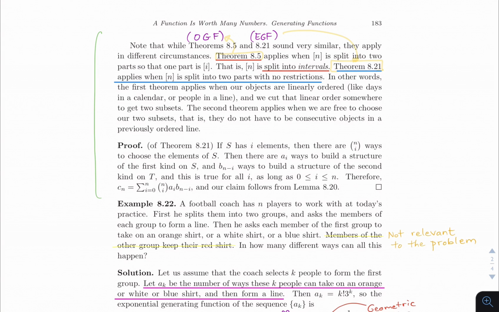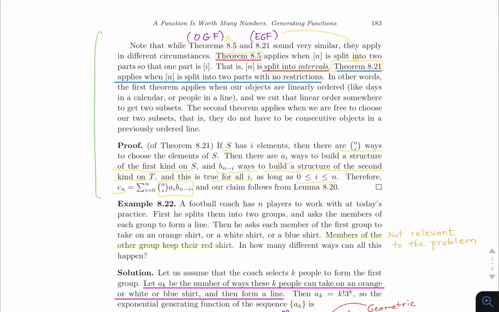If we separate the set 1 through n into S and T, let's say the set S has i elements, then there are n choose i ways to choose the elements of S. And then there are a sub i ways to build a structure of the first kind on S. Once you choose S, the rest of the elements would be T, so you multiply by b sub n minus i to compute the ways to build a structure of the second kind on T. This is true for all i between 0 and n, so to get c sub n, you take the sum of all of those.